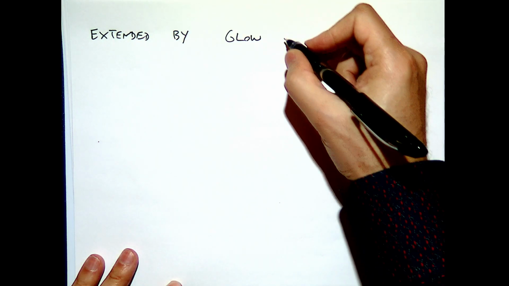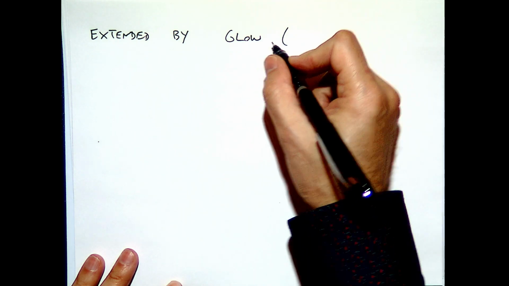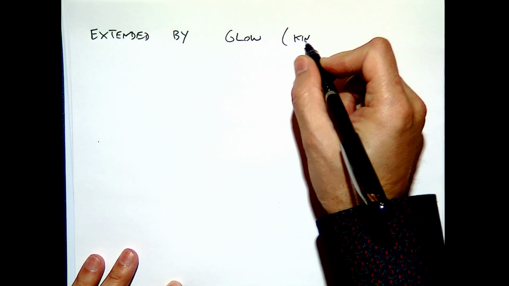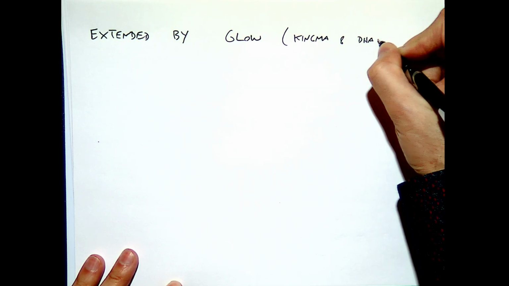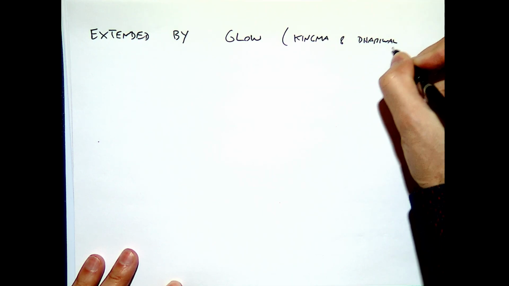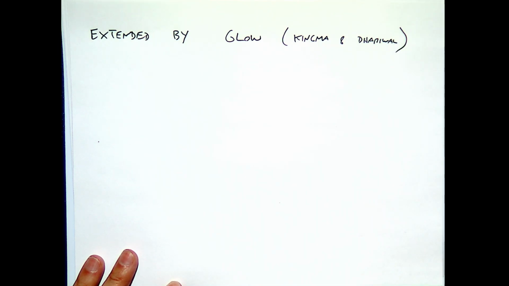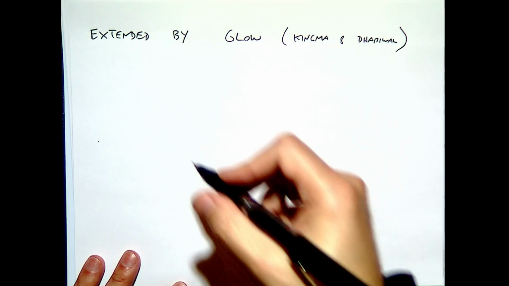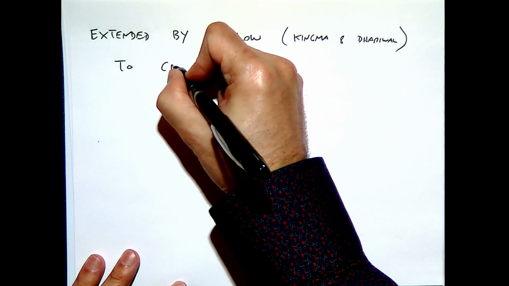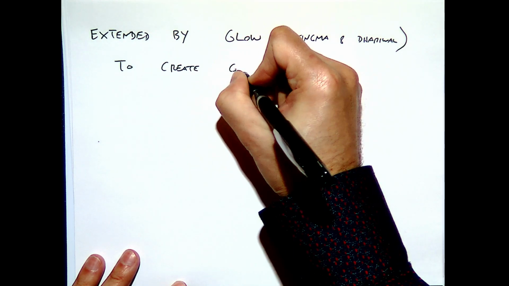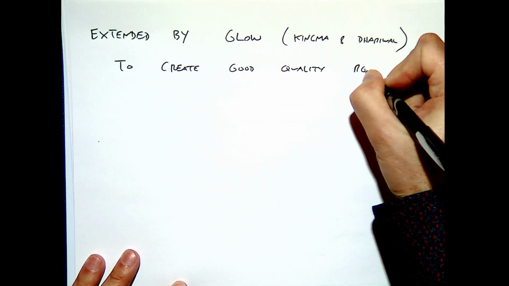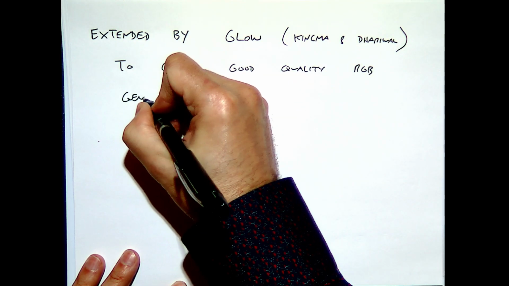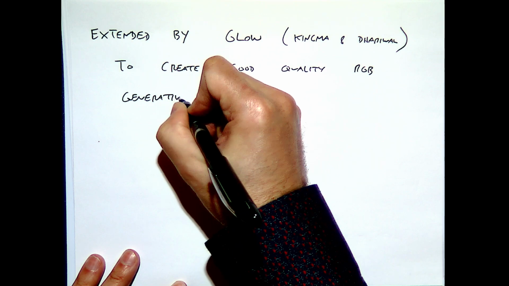And this was, again, some OpenAI and Google AI people, Kingma and Dhariwal. This was NeurIPS 18. And this basically created good quality RGB generative images of faces.